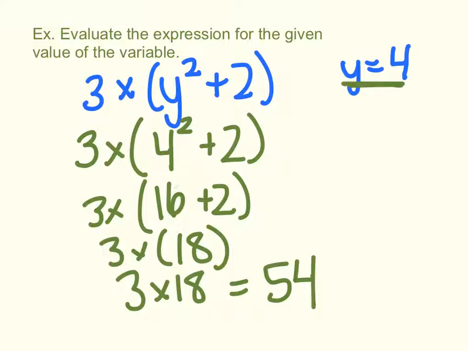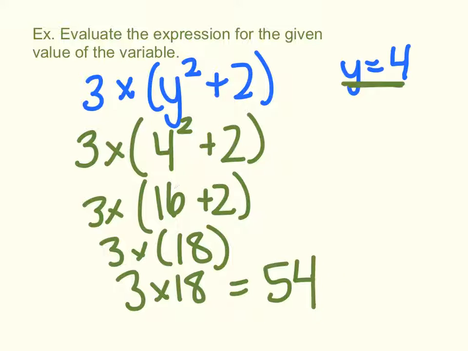You'll notice that once I've substituted the value of 4 that they gave us for y, I just solved it like we've been practicing with the order of operations. Of course, remembering parentheses, exponents, multiply and divide, and then add at the end, unless it's in those parentheses like it is here. Okay? And then we have 54.